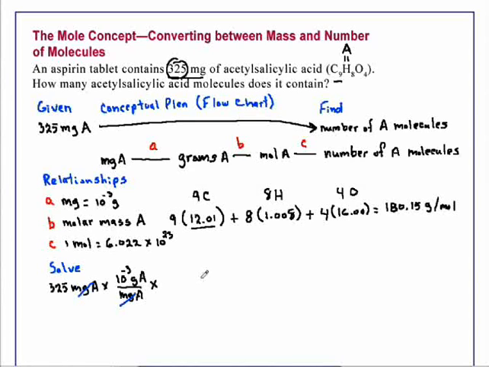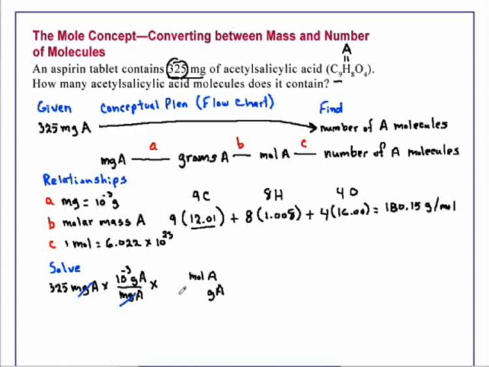Second step involves going from grams of A to moles of A using relationship B. So B is the molar mass of A, and since we're trying to introduce moles of A, and we're trying to get rid of grams of A, the grams must go in a denominator.